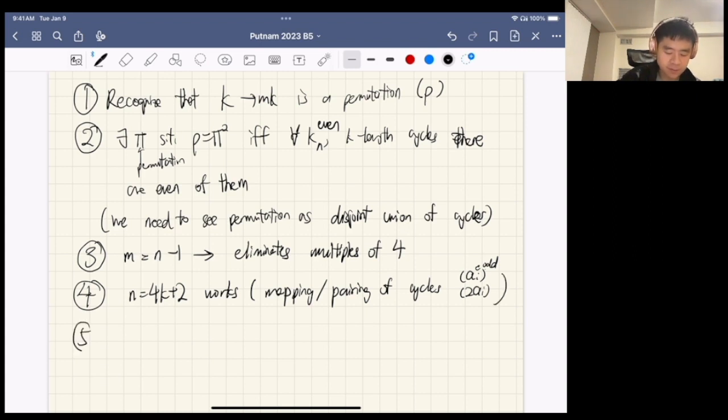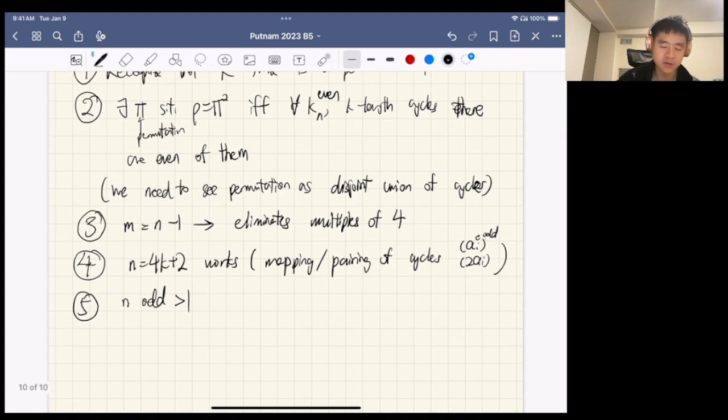And then fifth, for n odd, when n is greater than 1, we use m a primitive root of all the prime powers dividing n.